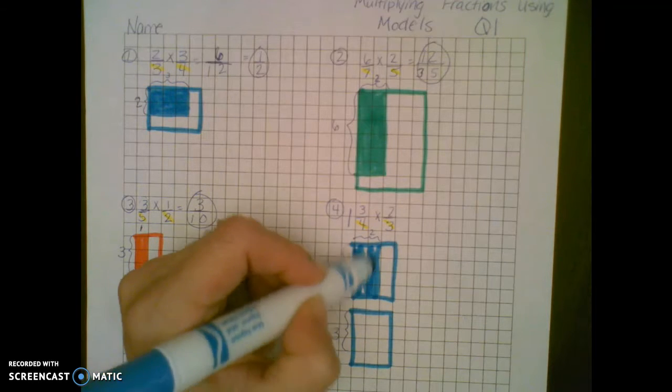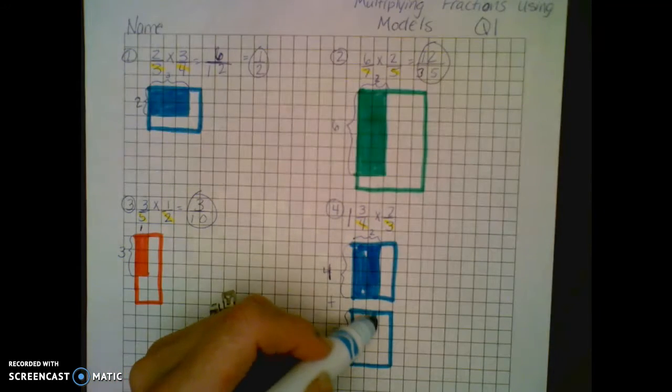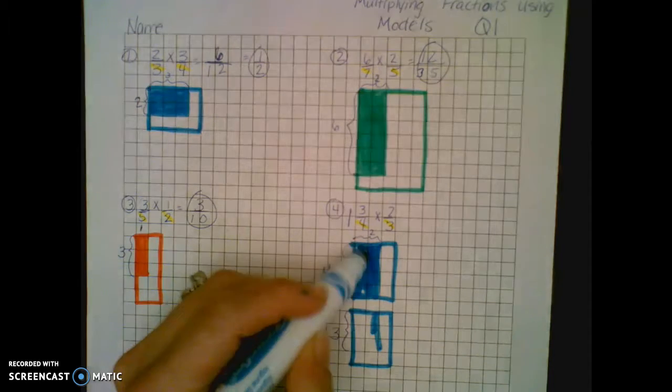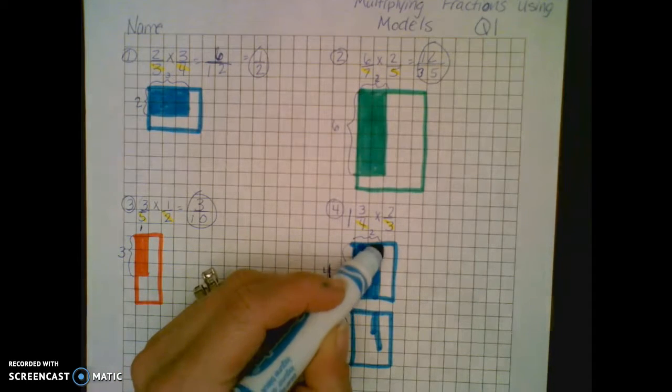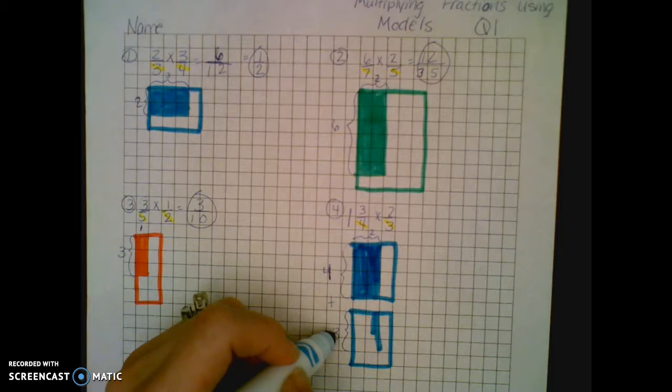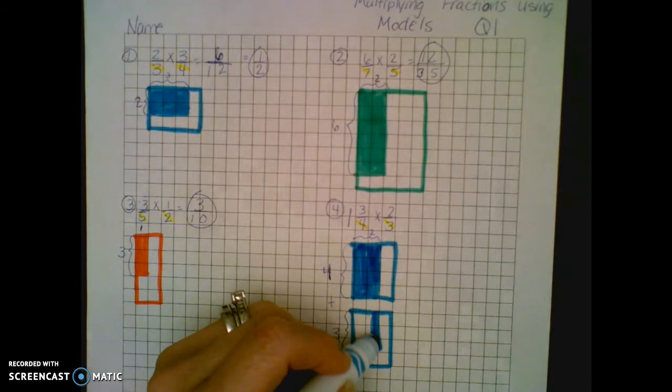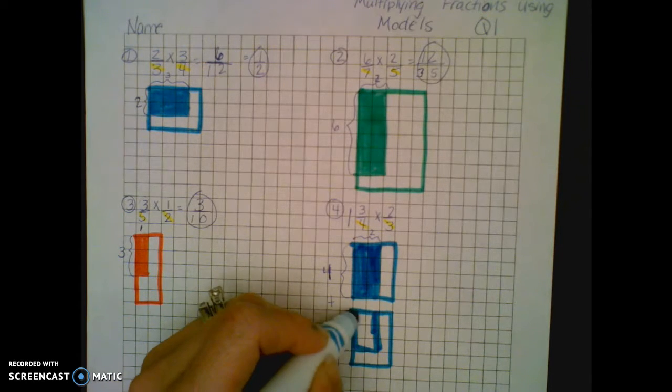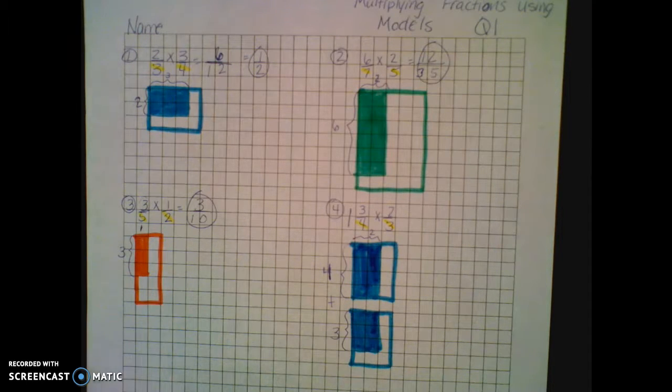When I shade it in, I'm going to shade in all 4 rows here, a 2 by 4, but here I'm only going to have a 2 by 3. I'm not going to shade in the whole thing because I only have an additional 3/4, not all of it. But that's okay, because now I look.